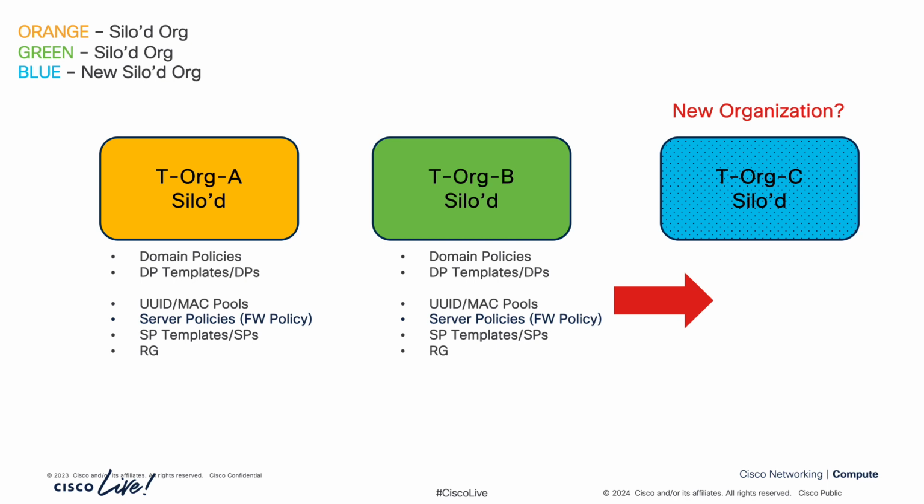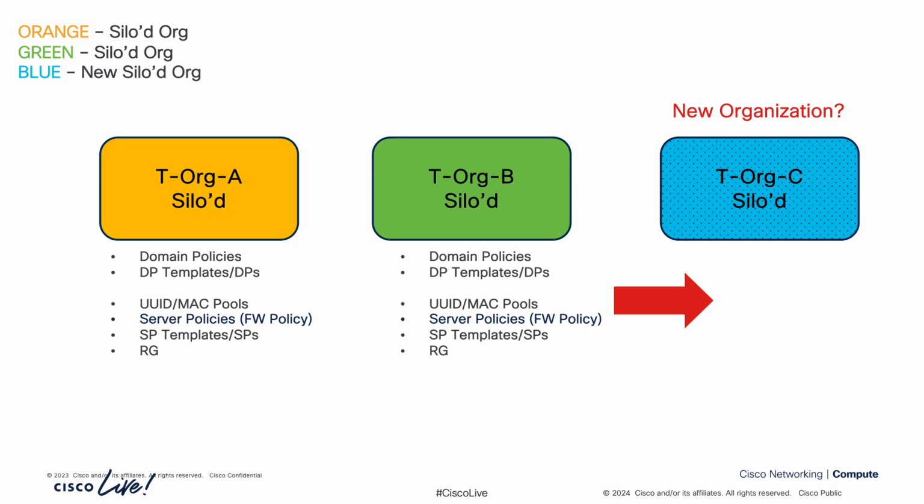It will greatly assist you in being able to move policies from one place to another. So that's kind of the lead in for this scenario. We've got a couple siloed orgs, T-org A, T-org B, okay, completely separate from each other.